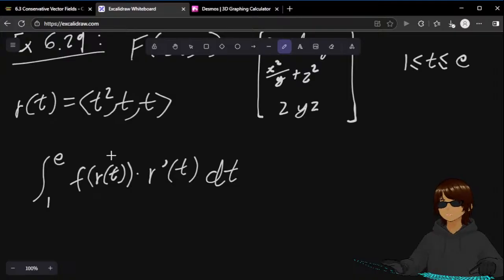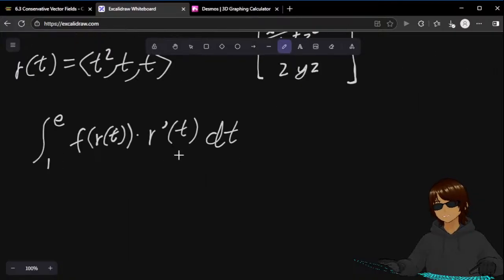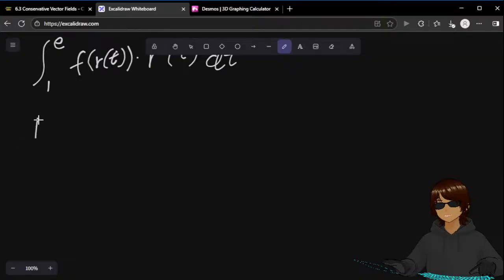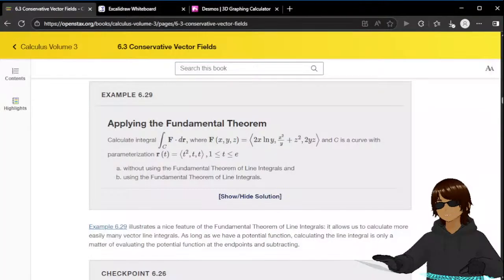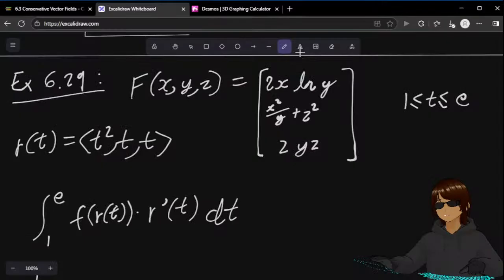If we did use the fundamental theorem of line integrals, what would we get? Sorry, it's the other one first.